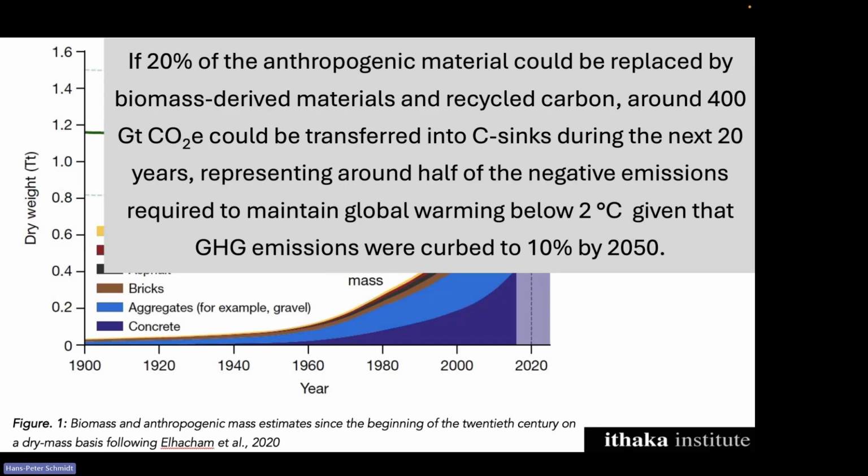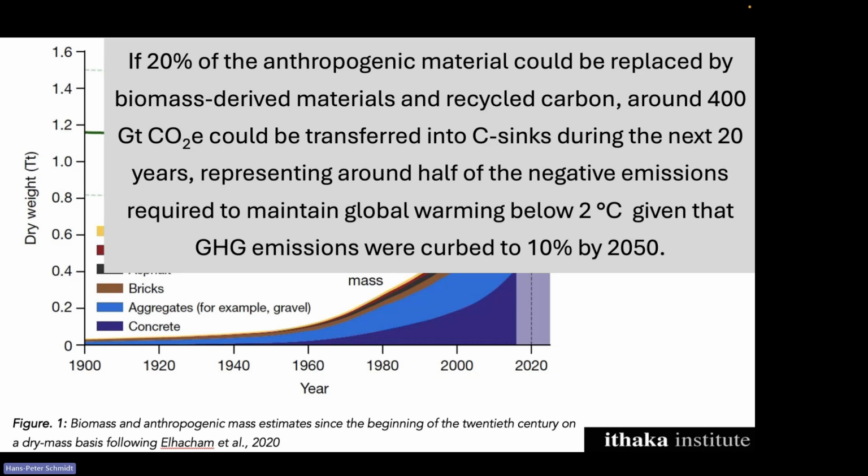And as we know, we need about at least 800 to 1,000 gigatons until the end of the century to compensate the legacy emissions and keep global warming below 2 degrees if all emissions are reduced, then we know this is super significant.